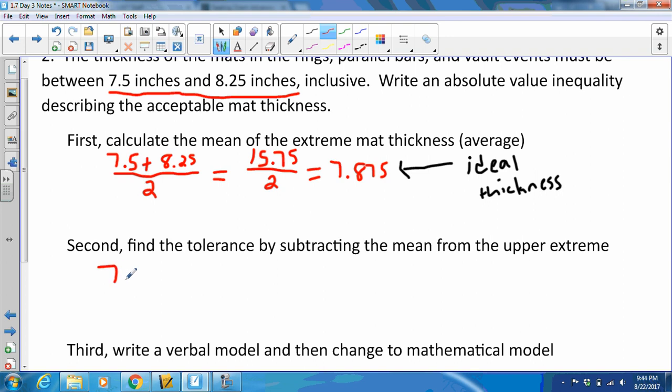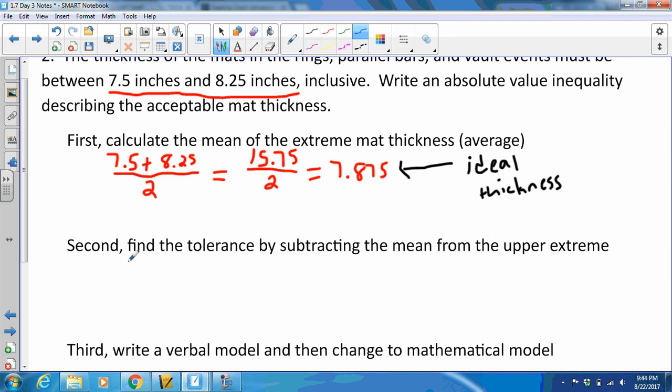So we take our mean, 7.875, and subtract it from the upper extreme. What they mean by upper extreme is the bigger number out of the two they gave us. They gave us 7.5 and 8.25. The upper extreme would be our 8.25 because that's the bigger number.